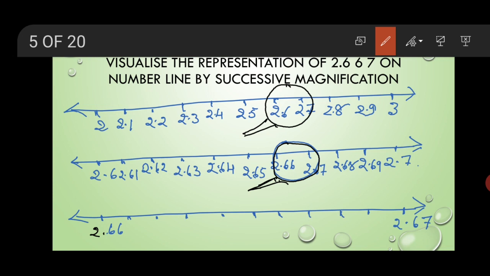Now, what is this point? This is 2.661. I will write here 2.662, and this is 2.663, 2.664, 2.665. This is 2.666.